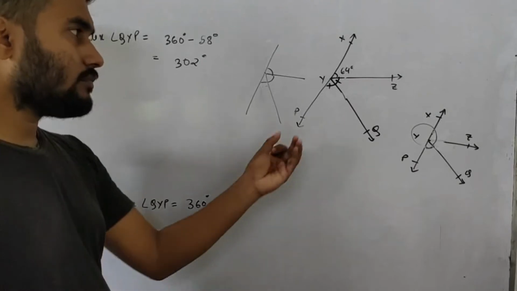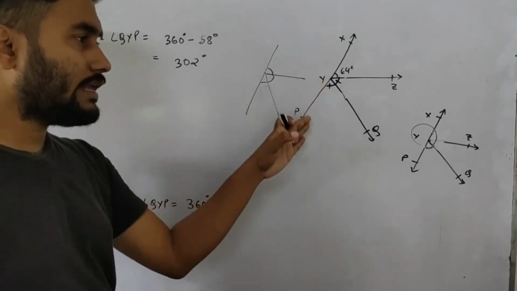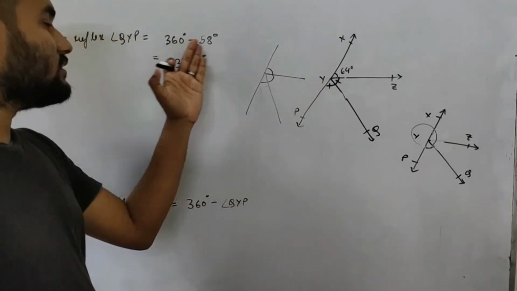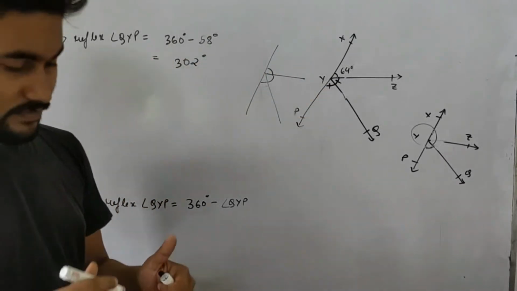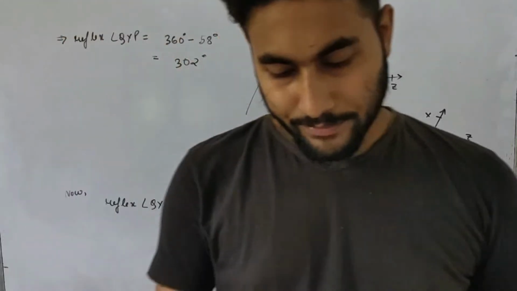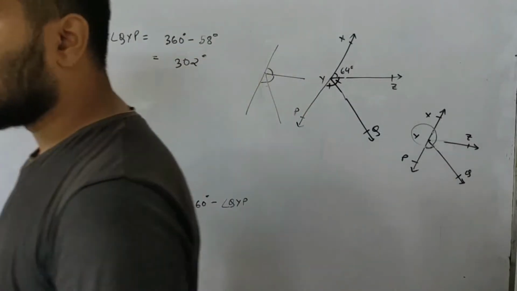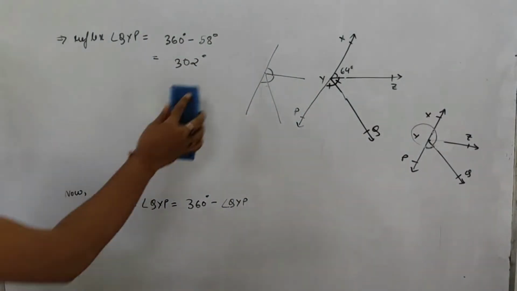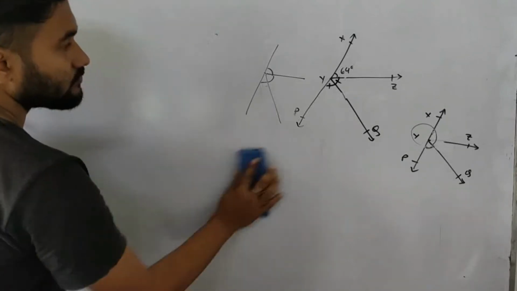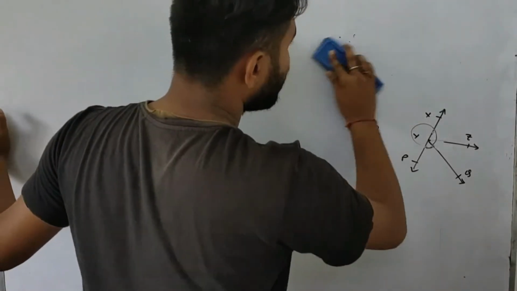So 360 degrees minus that angle, that is QYP. 360 degrees minus, what is the value of QYP? 58 degrees. So your answer is 302 degrees. Okay, practice this question. Try to draw the diagram. And if you have any difficulty, you can ask. Again, I will repeat this question. Okay. So this exercise comes to an end.